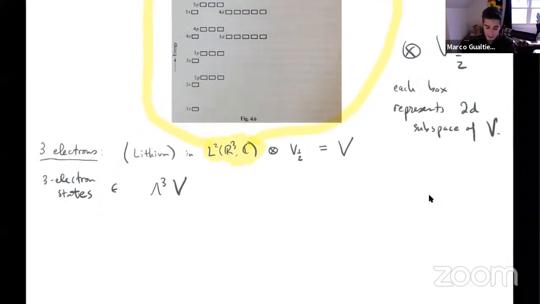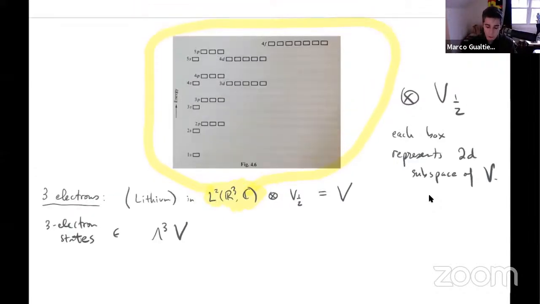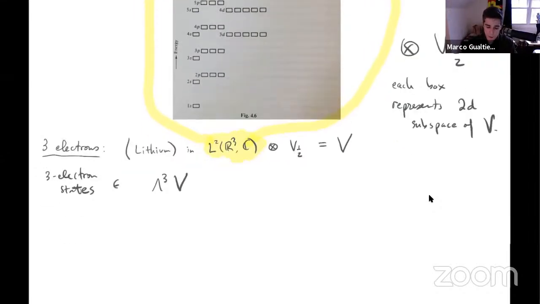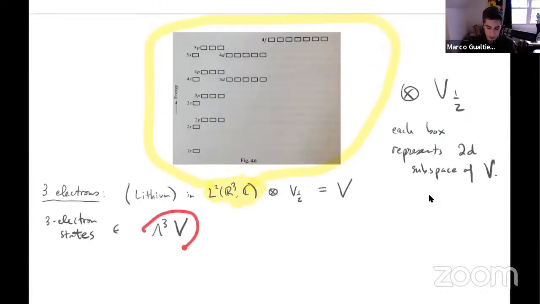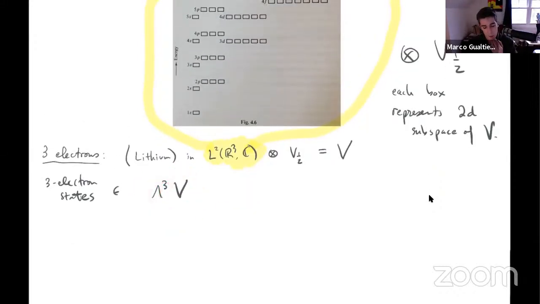Okay, so what should we do? We're going to assume that when we wedge these, this is just called the wedge product. So when we wedge V with itself 3 times, what could happen? Well, we can just consider the first few energy levels.